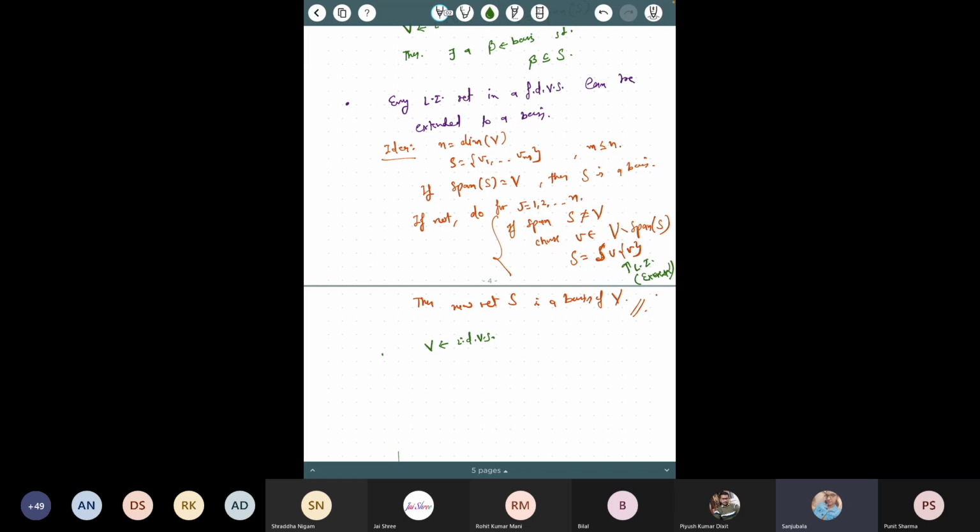Sir, as we proved above, we can say, let L be the infinite linearly independent set, then there must exist a basis B such that L is a subset of B. For every natural number n, there would be a linearly independent set of that order.